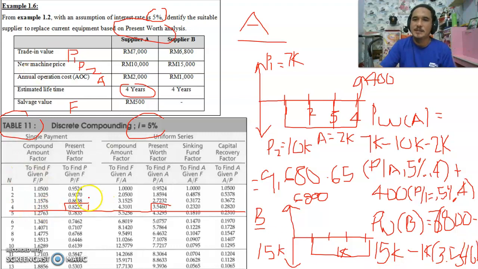So we get the answer for the PW of supplier B, which is 11,746.